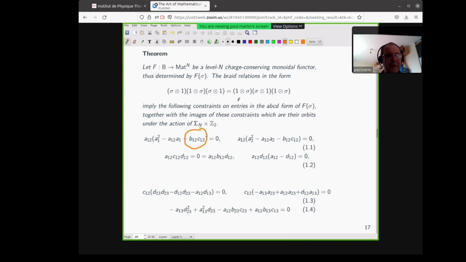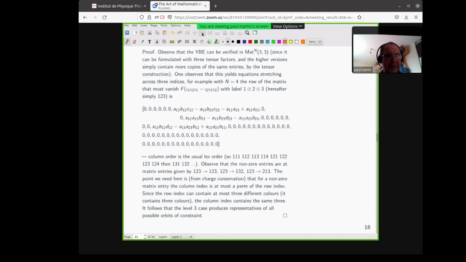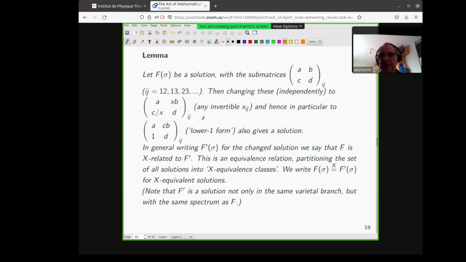If you remember, these are the off-diagonal terms in the 2 by 2 matrices. So you're probably not surprised to see that, because of that symmetry, we can, if we want, render the 2 by 2 matrices into some canonical form of choice, this lower 1 form, or maybe a symmetric form as well.